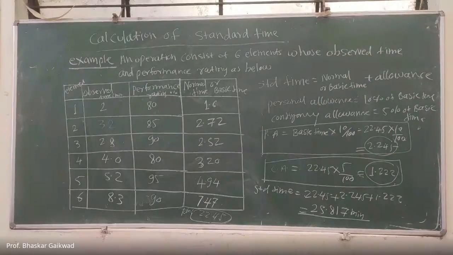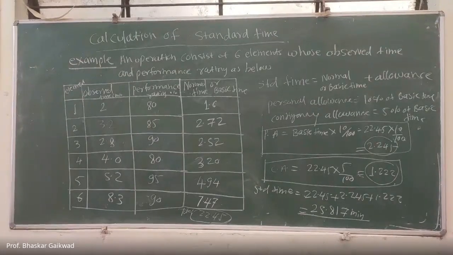So once again, I will repeat this. First of all, you have to calculate normal or basic time. How to calculate normal or basic time? You multiply observed time by performance rating in percentage, and you will get normal or basic time. To this normal or basic time, you can add allowances, maybe personal allowance or contingency allowance, as a percentage of basic or normal time.